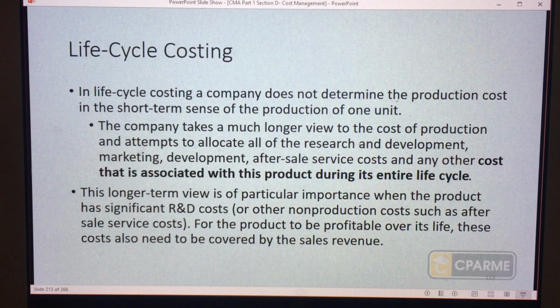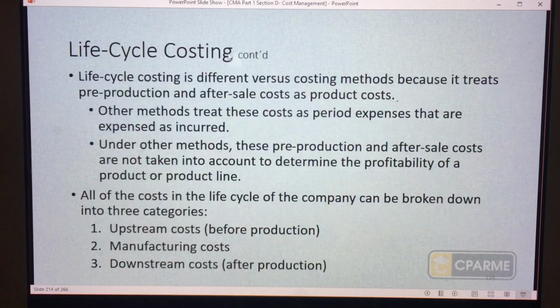But for purposes of life cycle costing, we have to look into the impact ng mga costs na ito, because we want to know which costs we can minimize, which costs we can spend for the product to be profitable over its life. So in that sense, how much are we recovering itong mga costs na nasuspend natin with the revenue that we are generating from these products.